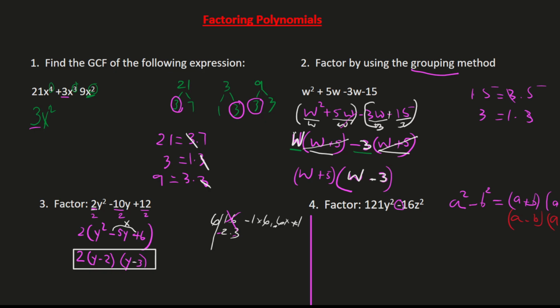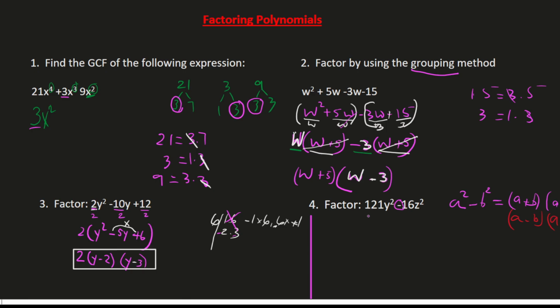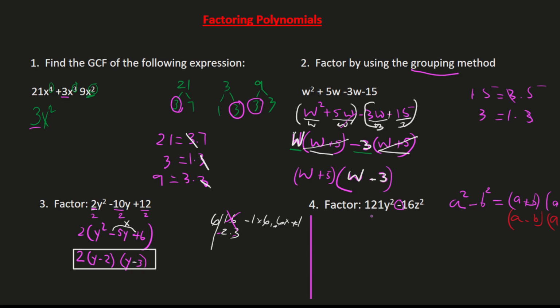So what number, when I multiply it by itself, gives me 121? It's going to be 11. And y squared, what y, if I multiply by itself, gives me y squared? That's y, basically. This is 11y.